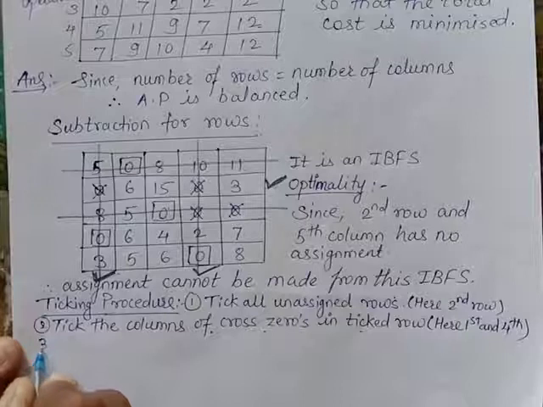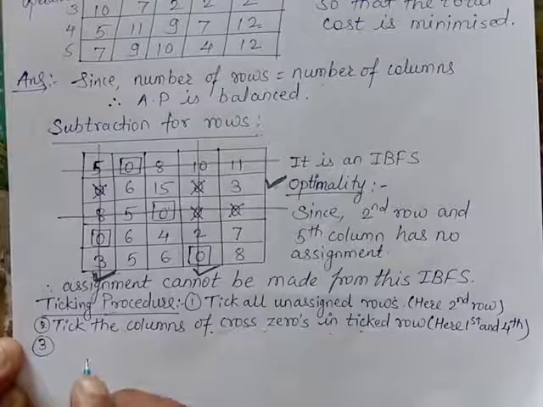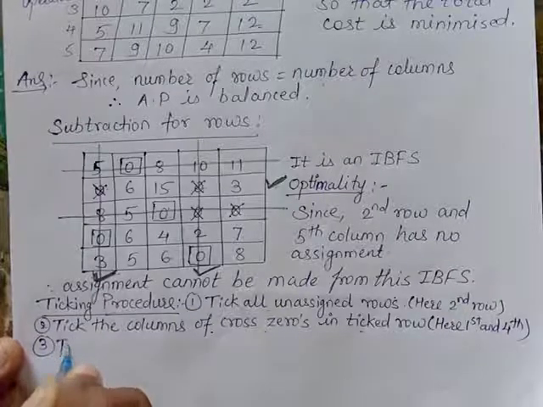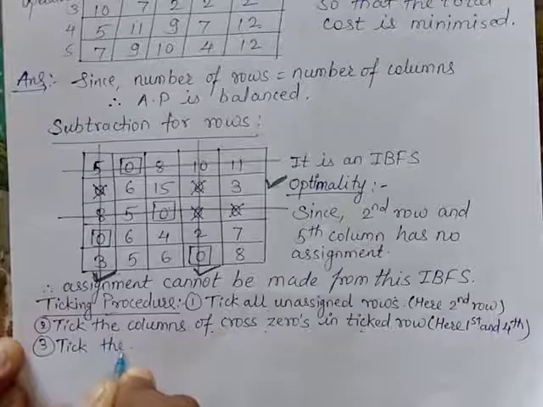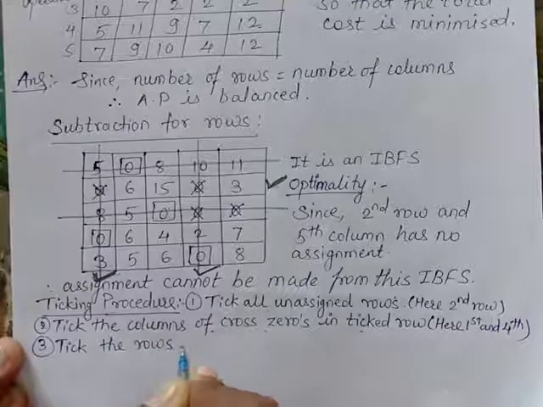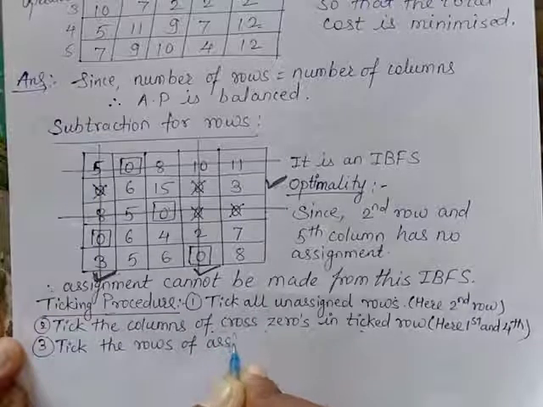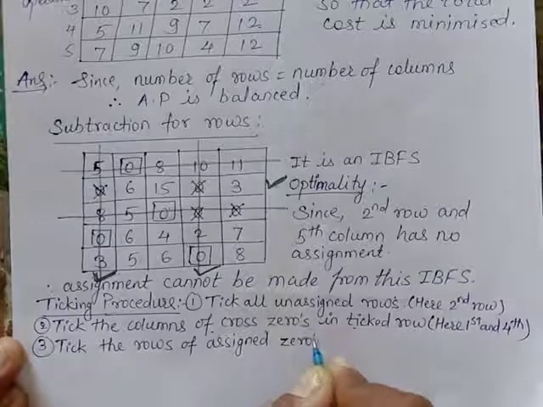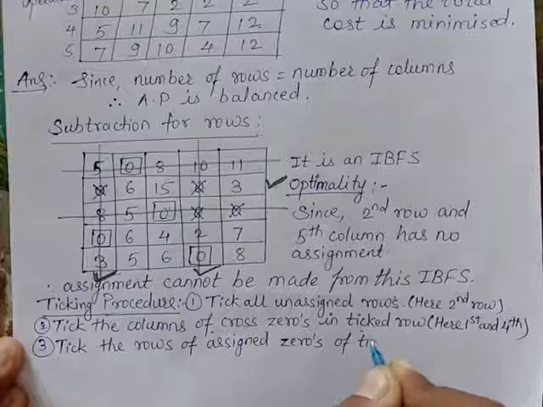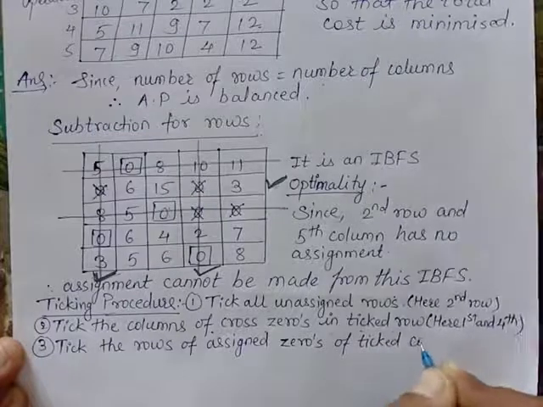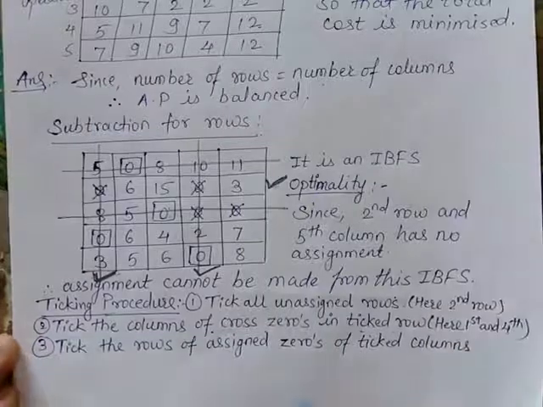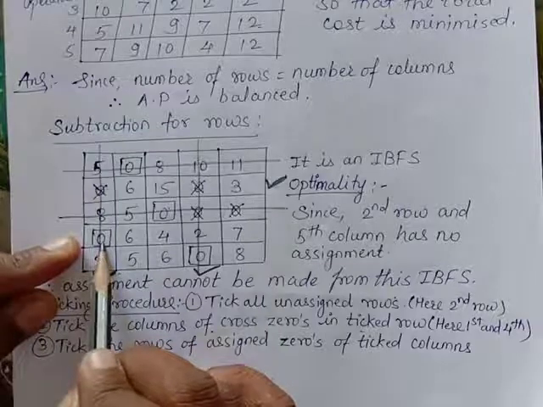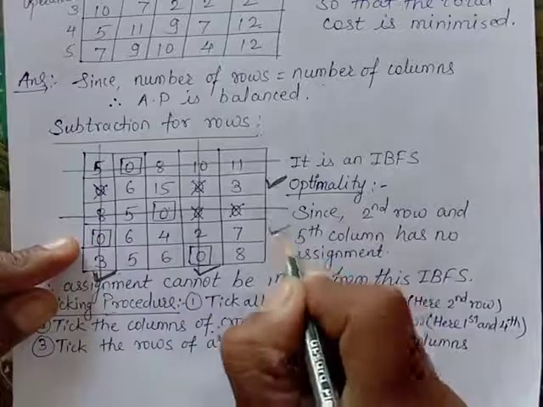Fine. Now the third step says we have to tick the rows of assigned zeros of ticked columns. In the first column there is an assigned zero here, so we have to tick that row.